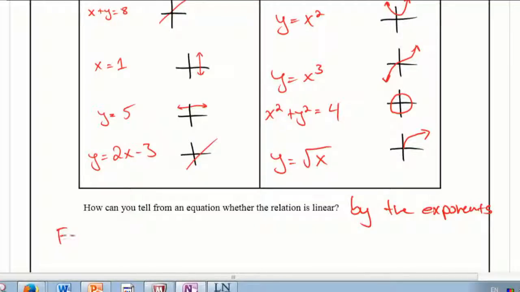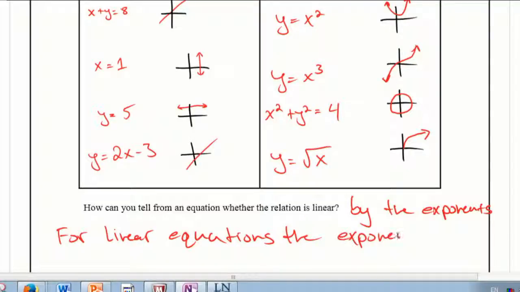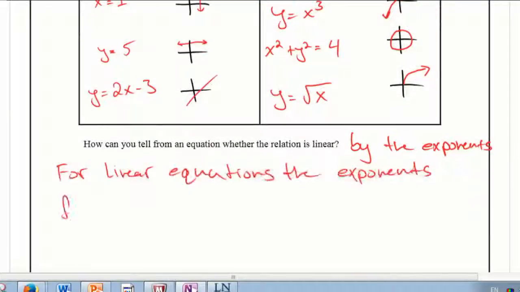So for linear equations, the exponents for x and y must be 1.